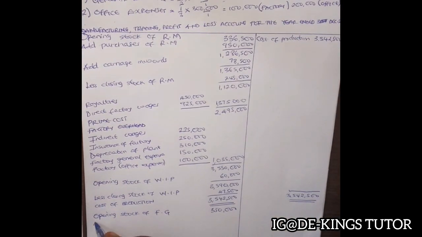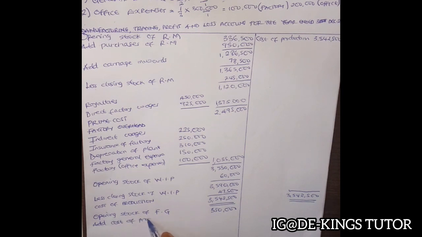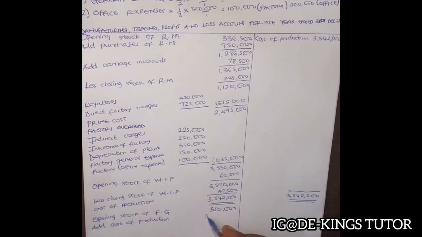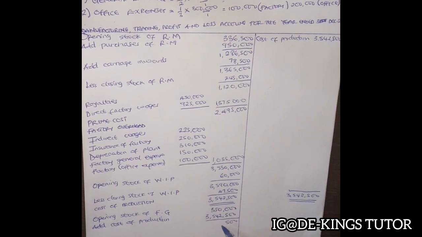So the next thing is to add cost of production. And the cost of production is this 3,542,500. Okay. So this will give us 3,892,500.